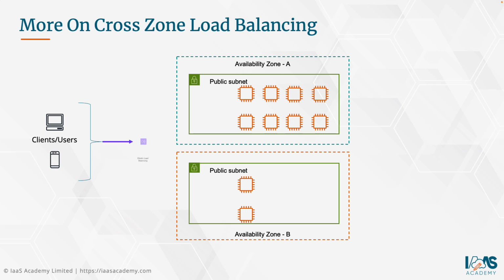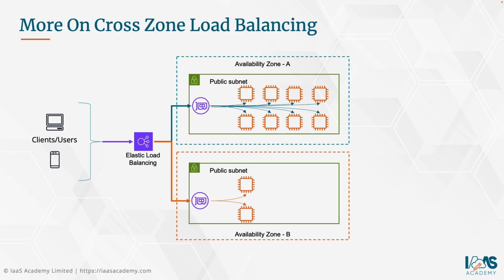When you deploy a load balancer that is not configured for cross-zone load balancing, what actually happens is that the distribution of traffic is uneven. This is because each availability zone will get half of the available traffic that comes in.